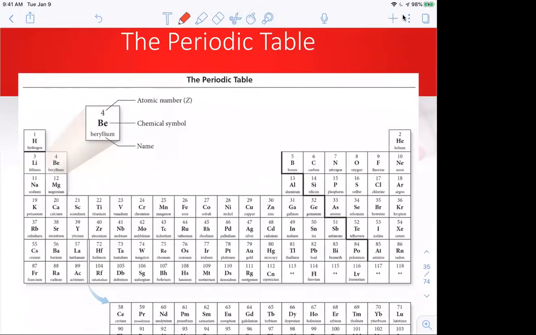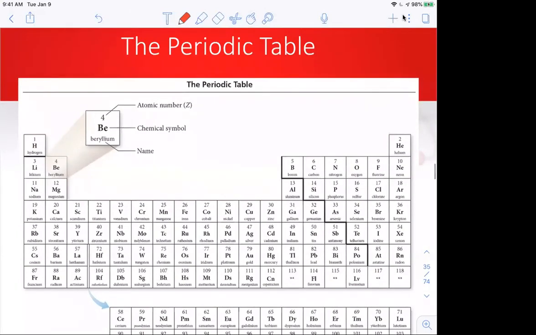Now, you're probably all familiar with a periodic table, given that you needed to have some chemistry as a prerequisite to take this course. Regardless of what periodic table you look at, you're always going to see an atomic number, the chemical symbol, and then the name. If I'm really devious, I could give you a periodic table that doesn't have the name and just the chemical symbol. There are chemistry classes that do that.